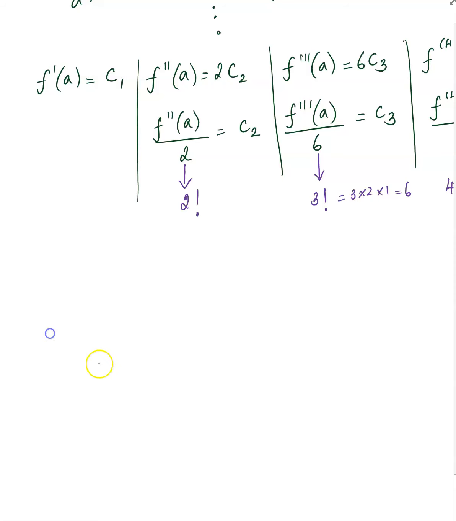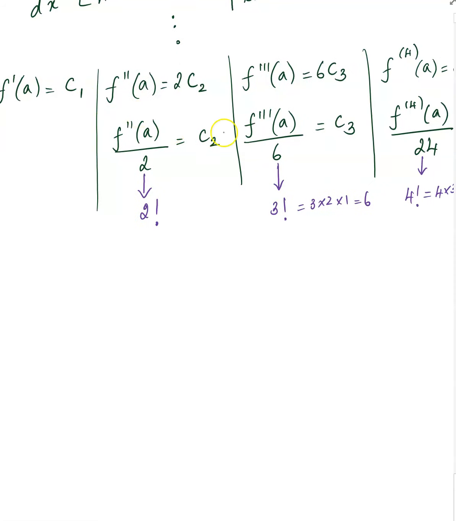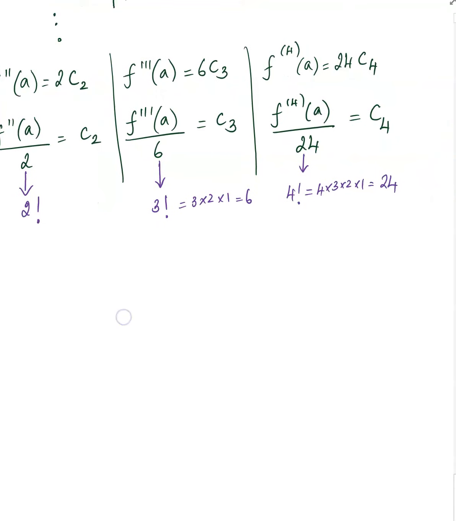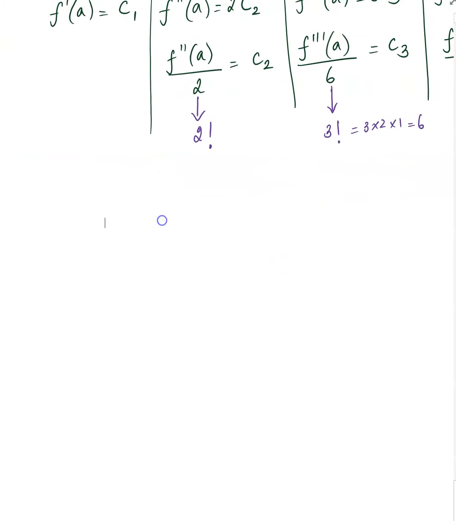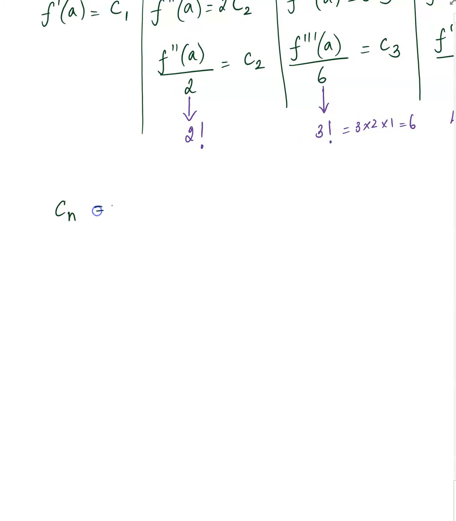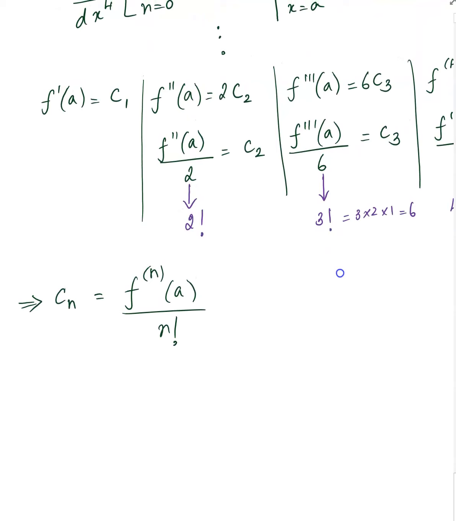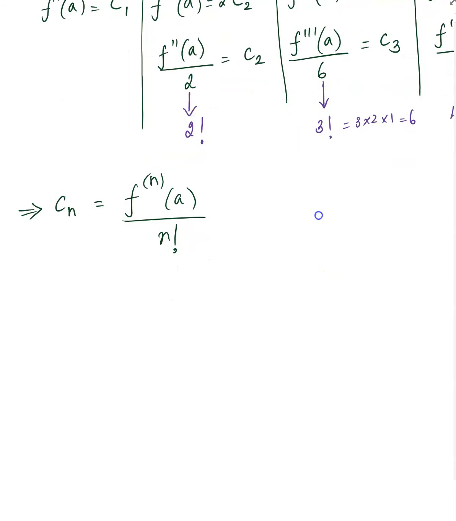For c4, I had the 4th derivative and 4 factorial in the denominator. So cn would be the nth derivative of f at a over n factorial. Agreed? So that's what this means if I were to extend this for some n.